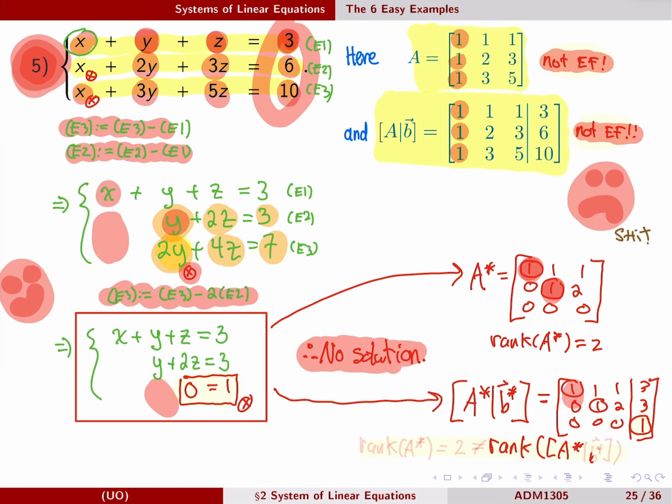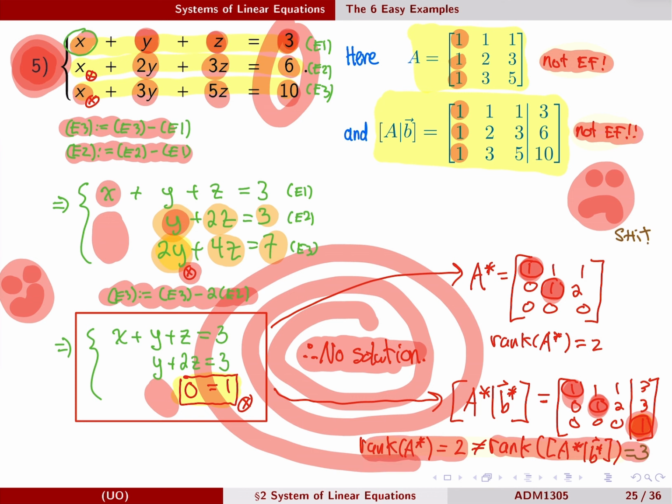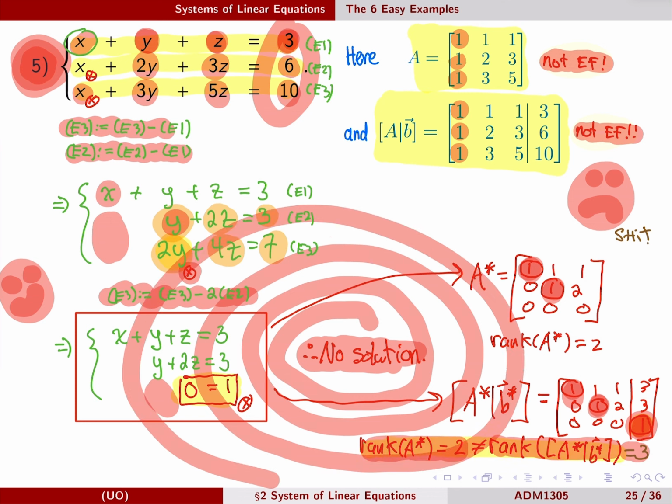And when those ranks are not the same, so that rank is not the same as the rank of A because we have this extra pivot in the last column, then that's one way to see that this system has no solution. The only way the rank of A is not equal to the rank of AB is if you have an extra pivot in the last column in the augmented part. This means that there's no solution because you're going to get an equation of the form 0 is equal to something. So when the ranks are not equal, there's no solution.